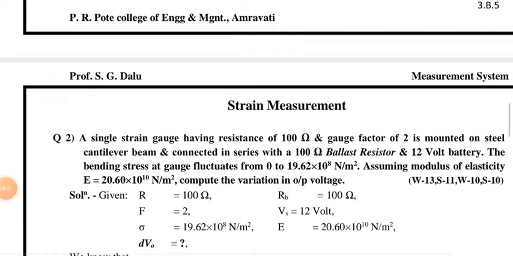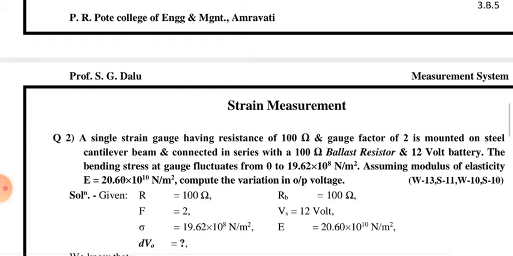Then next, a single strain gauge having resistance of 100 ohm and gauge factor of 2 is mounted on a steel cantilever beam and connected in series with a 100 ohm ballast resistor and a 12 volt battery, means Vs equal to 12.